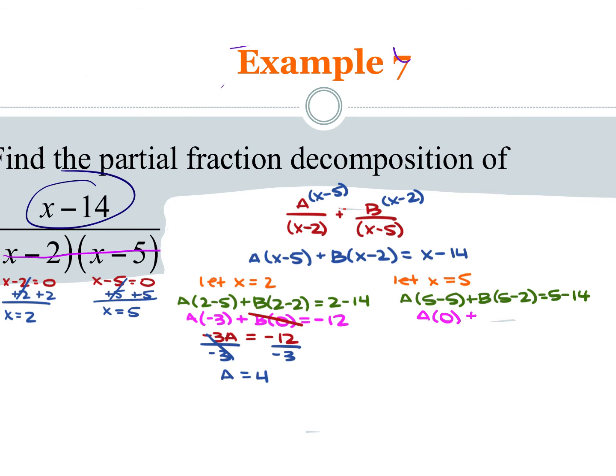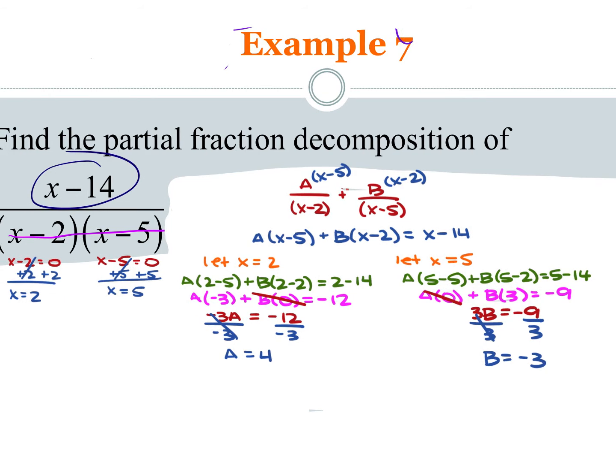The 5 minus 2 is 3, so that's b times 3. And 5 minus 14 is negative 9. The a times 0 cancels out. B times 3 is 3b is equal to negative 9. We're going to divide each side by the 3, and we get that b is negative 3.